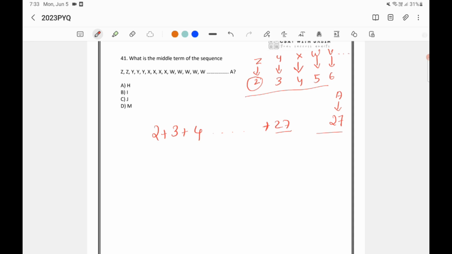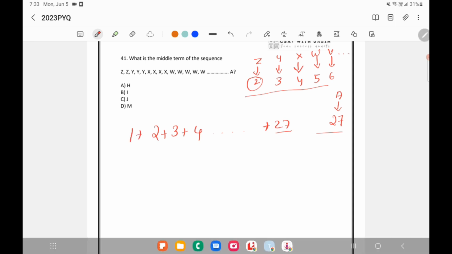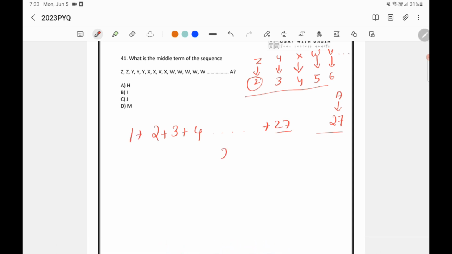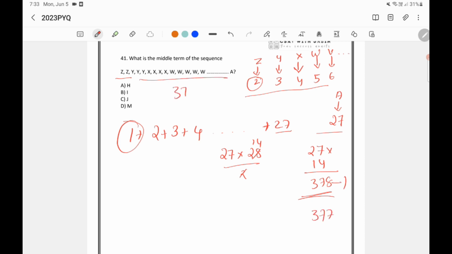So that is 27 into 27 plus 1 is 28, by 2. So that is 14. So 27 into 14 comes to 378. But we don't need to use 1 because that is starting from 2. So we need to minus 1 here. So the total number of terms here will be 377.